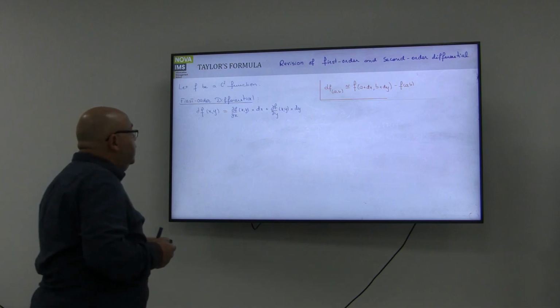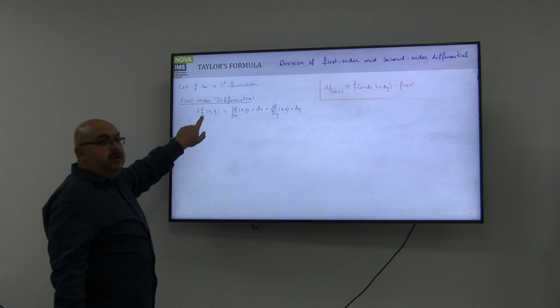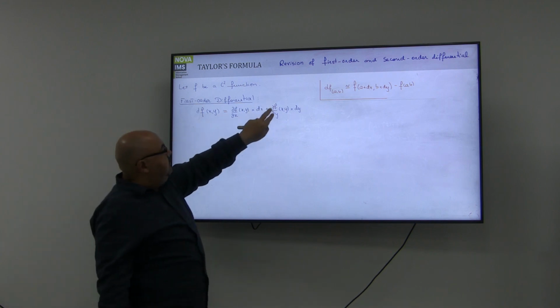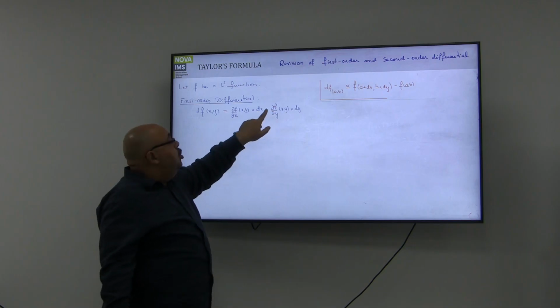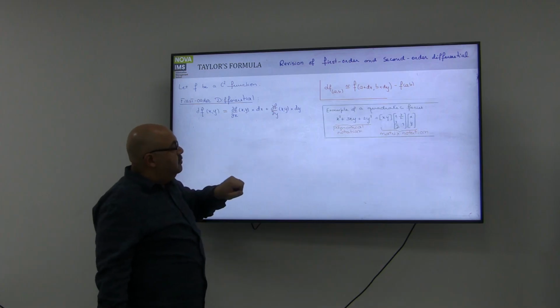So once more, this is how to find the differential. I will differentiate the function with respect to its variables: partial f partial x, partial f partial y. Then I will multiply by dx and dy, where dx is x minus a and dy is y minus b.